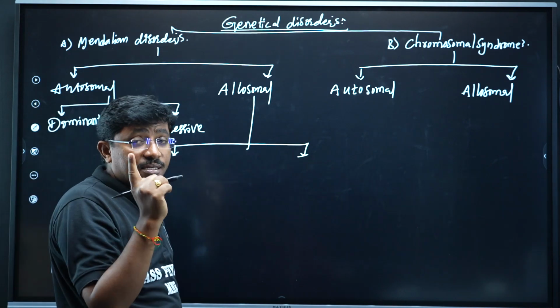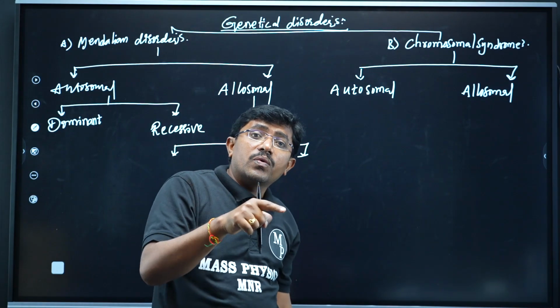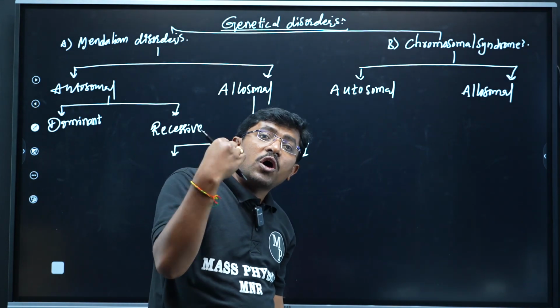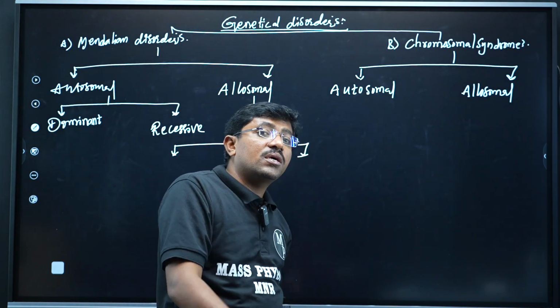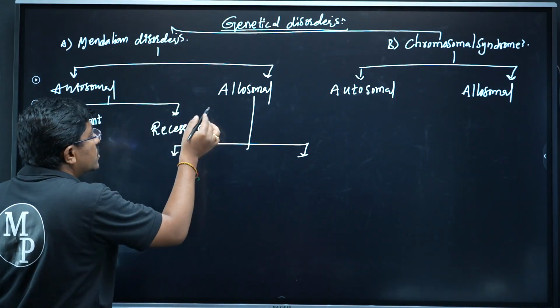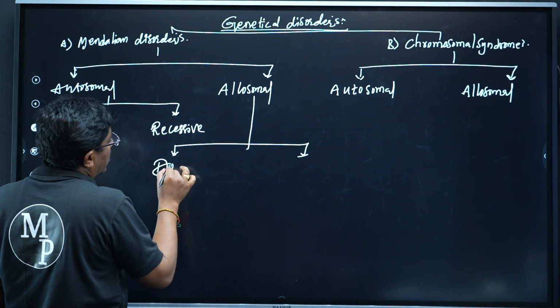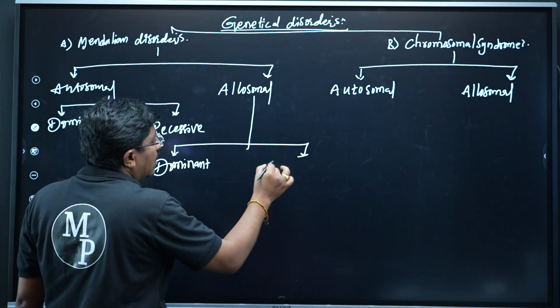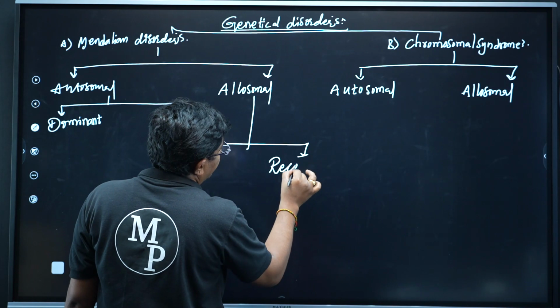Okay, I already said, on the chromosomes the genes are present in 2 conditions, dominant trait as well as recessive trait condition. So allosomal also has dominant and recessive.